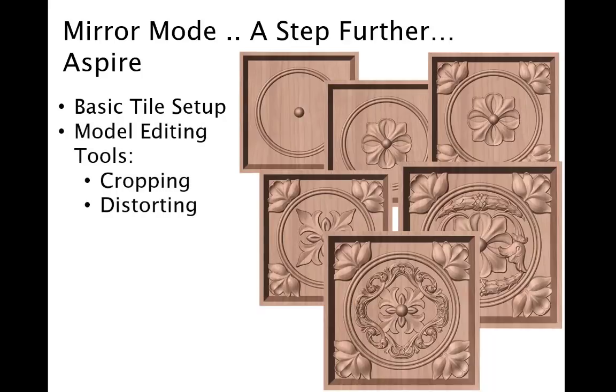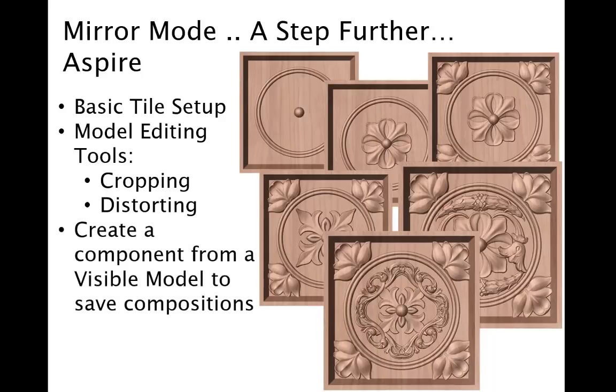We'll also look at the model editing tools that we have available to us in Aspire. So we're looking at the cropping tool and also how we can distort components for better fit within our tile. And then we'll look at how we can create a component from a visible model to save out our compositions as .3D clip files that we can add to our own clipart library.